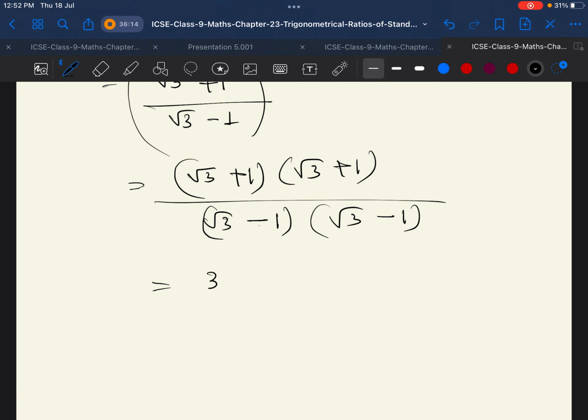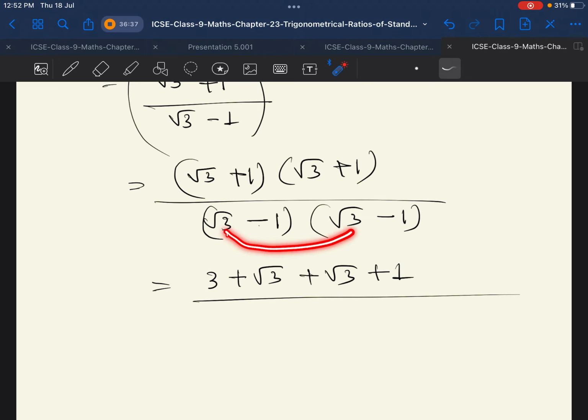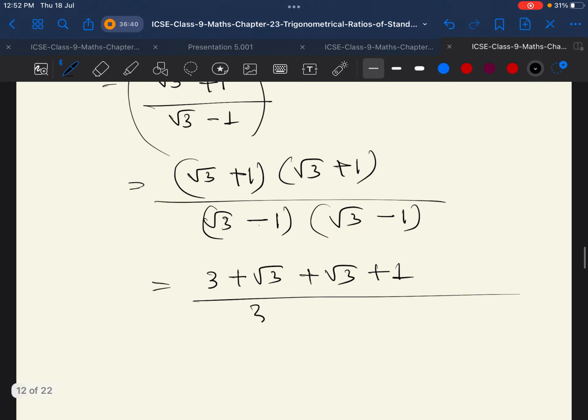So you see, root 3 into root 3 we can write 3, 1 into root 3 is root 3, root 3 plus 1 will be root 3, and 1 into 1 will be 1. Okay, now here you see root 3 into root 3, this is 3. 1 into root 3, this is minus root 3.